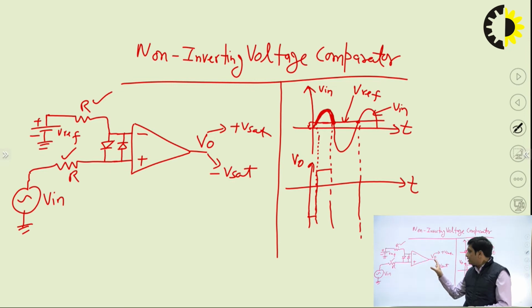So once you understand the working of this circuit, you can draw the waveform of this non-inverting voltage comparator taking V reference negative. Fine. It is very easy, because at the output we are just getting two values, either plus V sat or minus V sat. Fine. Now coming to the inverting voltage comparator.